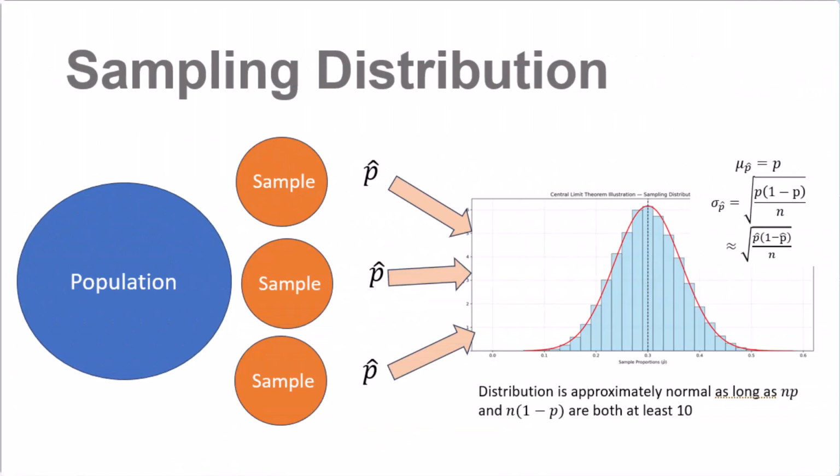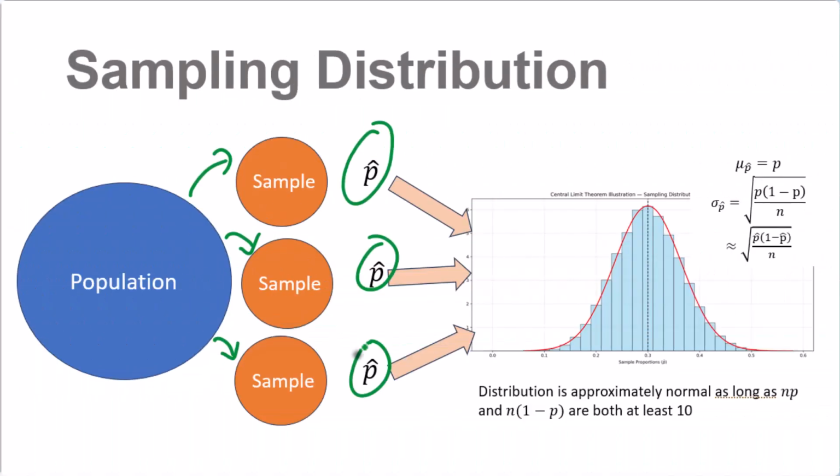So I want to remind you of the sampling distribution. So this looked at if we took our population and took many different random samples over and over again. So we're taking a sample and we're measuring the sample proportion. We're taking a sample, measuring the sample proportion, taking a sample, measuring the sample proportion.